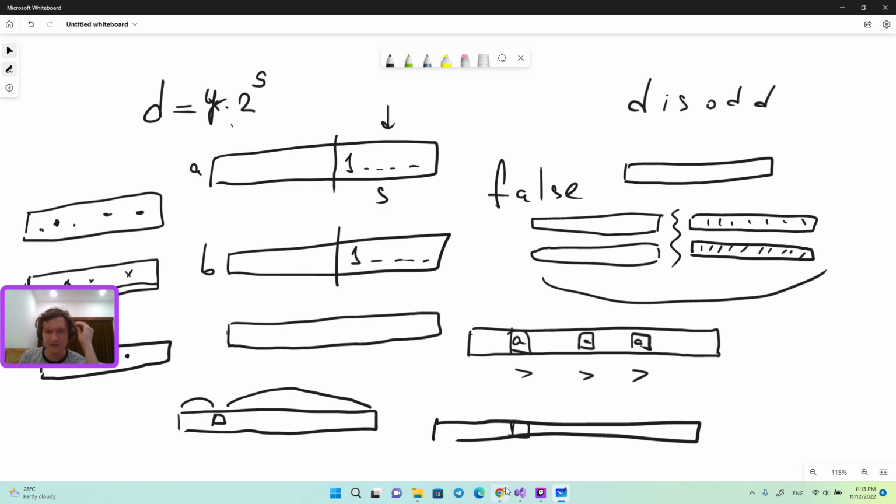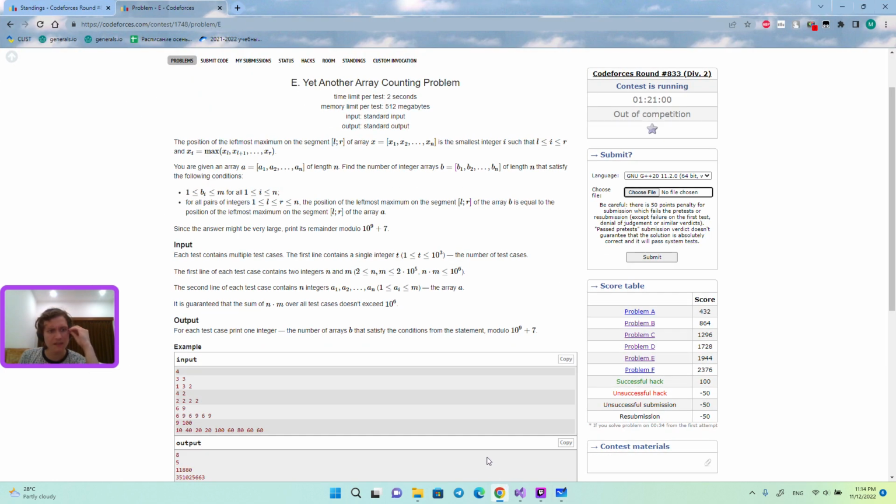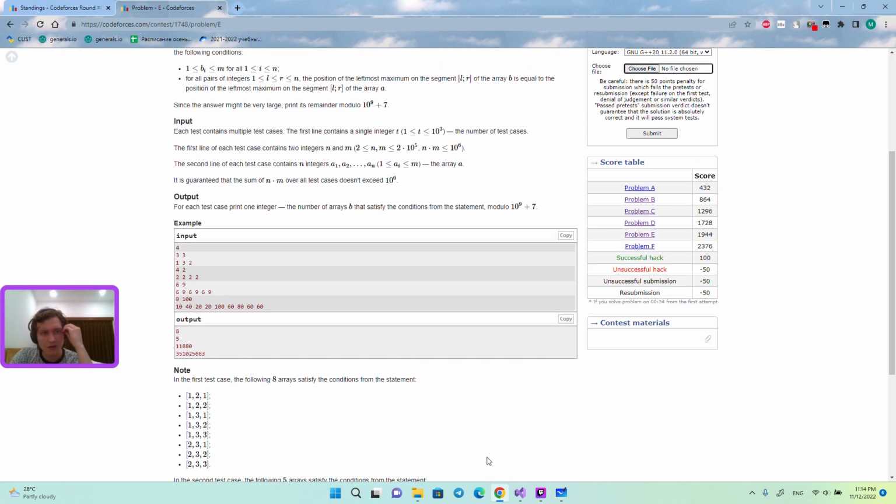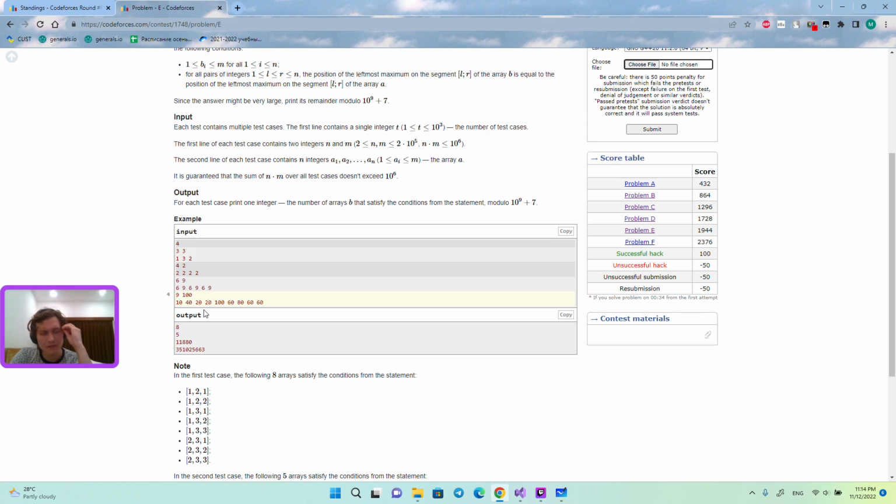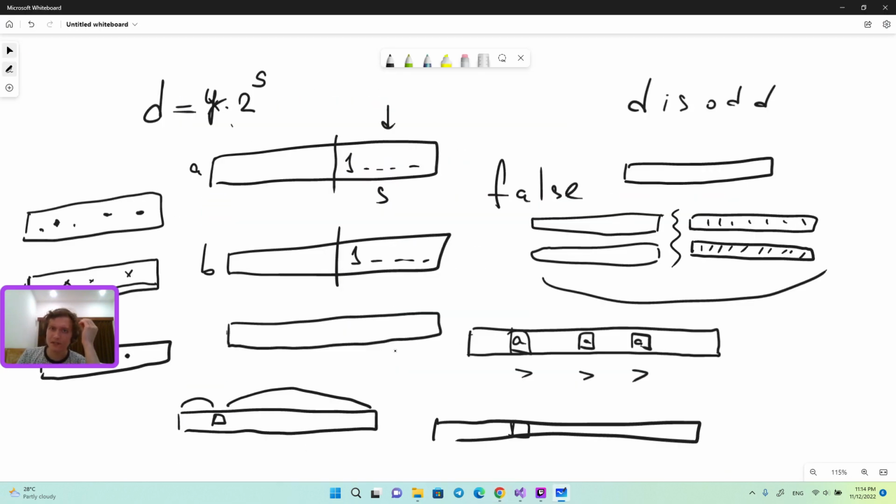This doesn't have anything in common with this array, does it? What I want to say is that the answer is the choose number of something over something, not depending on the array itself.